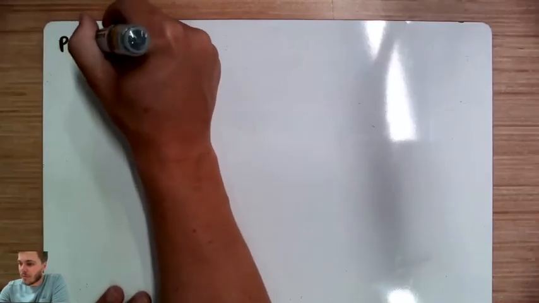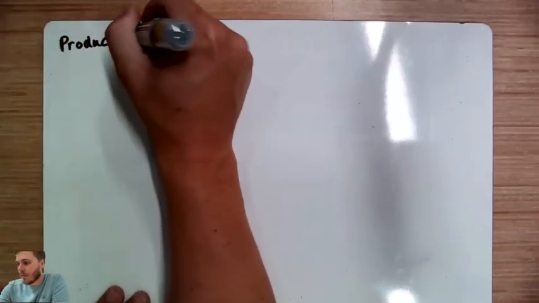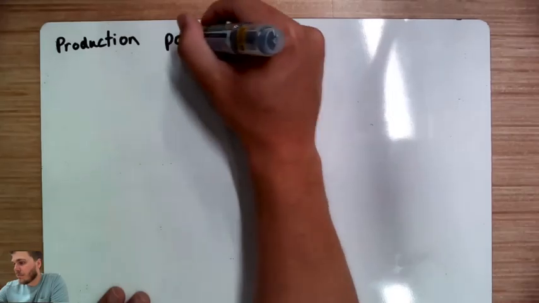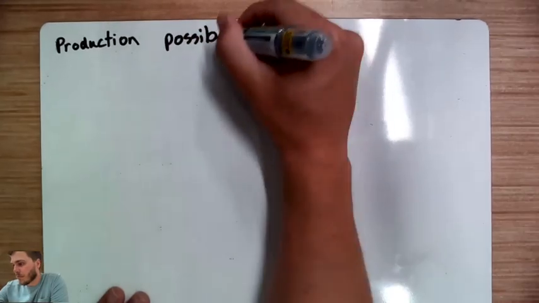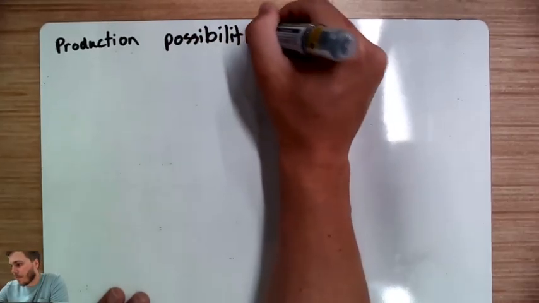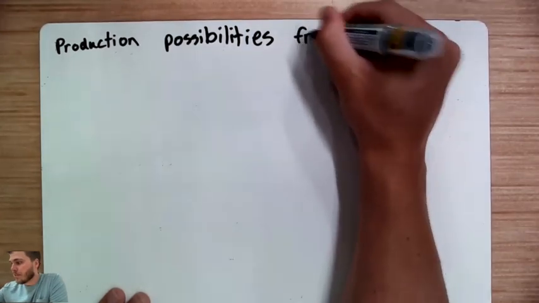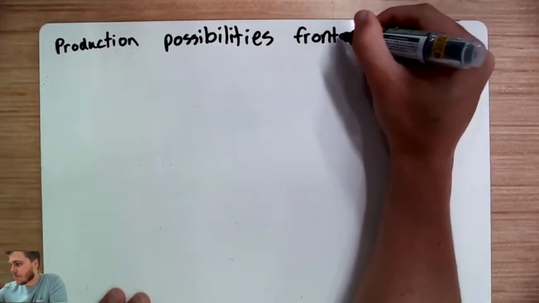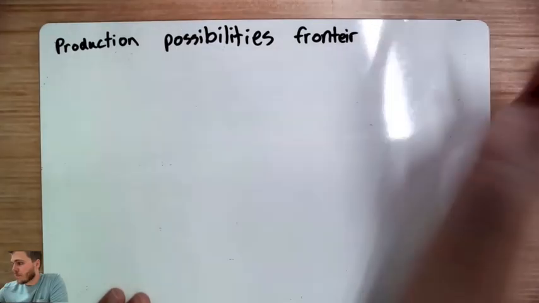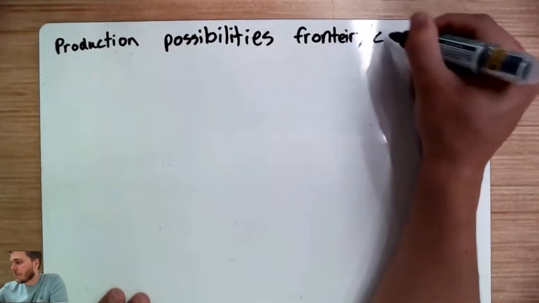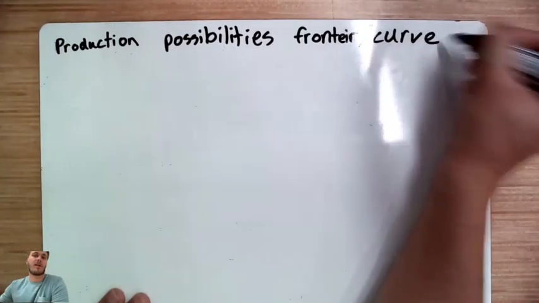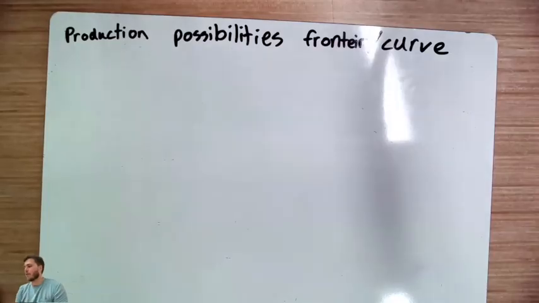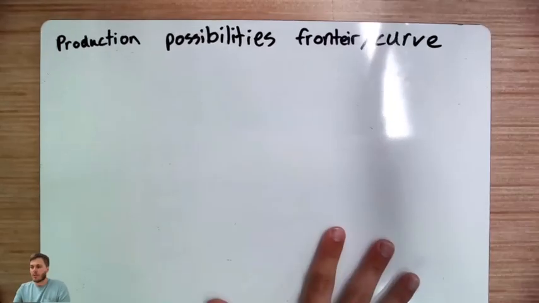Production possibilities frontier, or if it's called PPC, curve. Does not matter to me. I spelled frontier wrong there. That's okay.